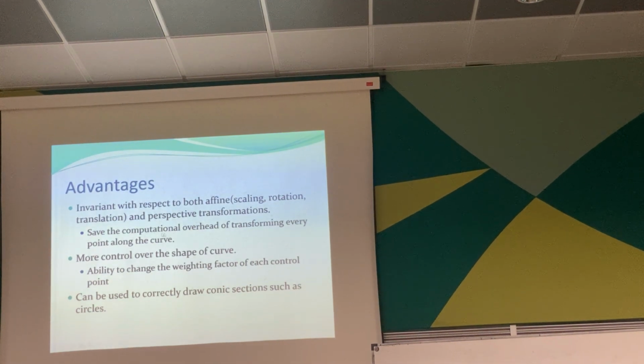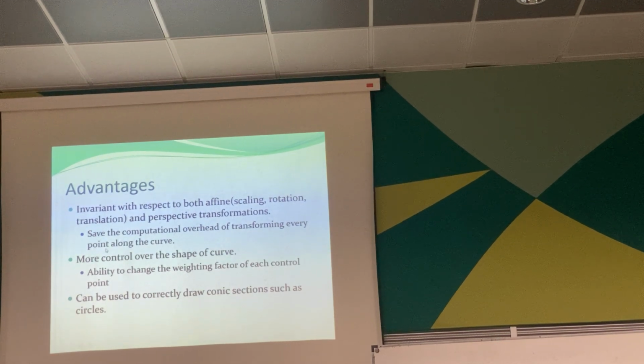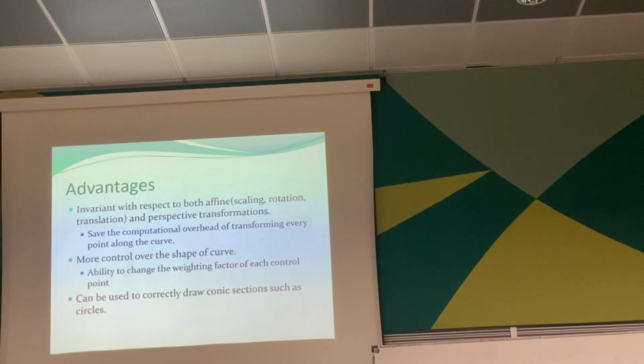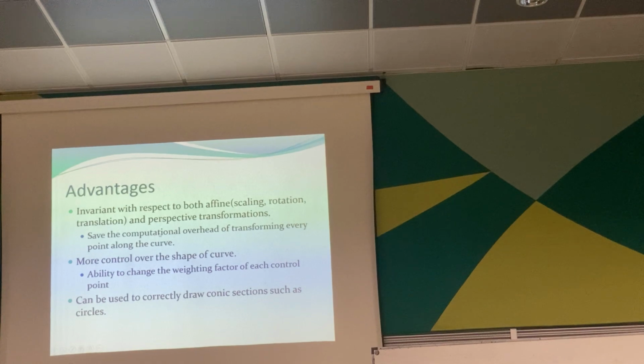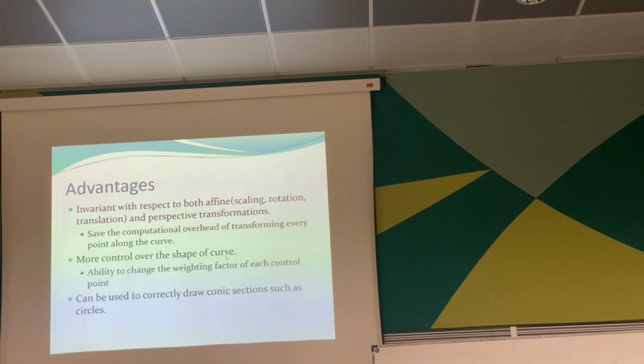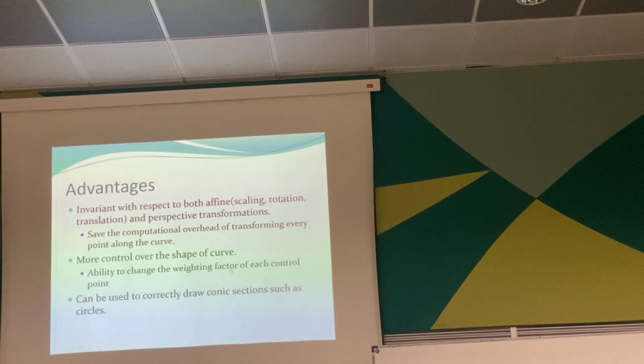It saves the computational overhead of having to transform every single point of the curve. Now you just have to adjust the weight. Just pass in a different weight, then you can do the TRS. So there is more control over the shape of the curve, and you can just change the weight vector for each control point in order to move or transform the curve.